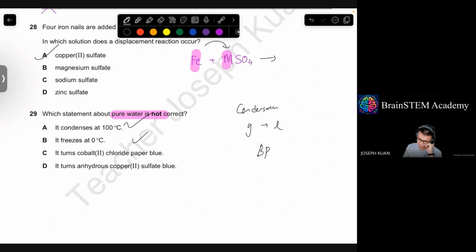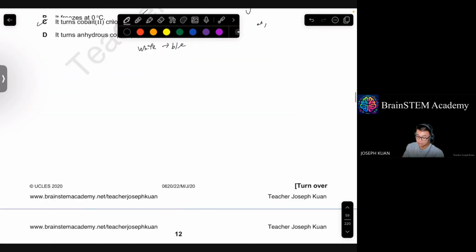Is that a C or D? If you're talking about not correct, the answer should be C. Cobalt chloride paper turns from blue to pink, whereas anhydrous copper sulfate turns from white to blue, which is correct. So the answer is C, in terms of an incorrect answer.